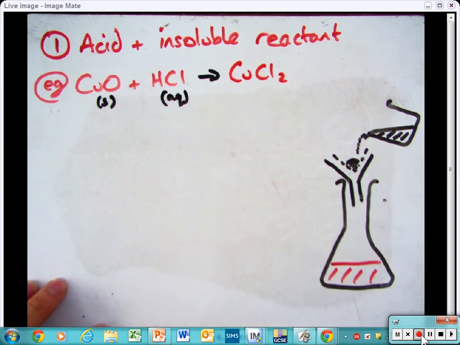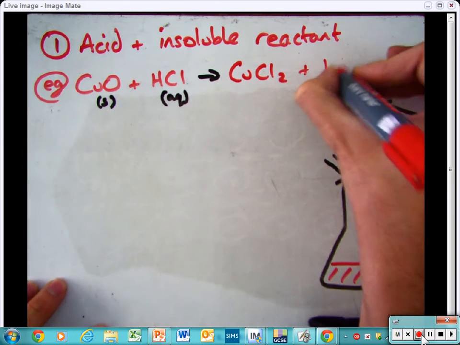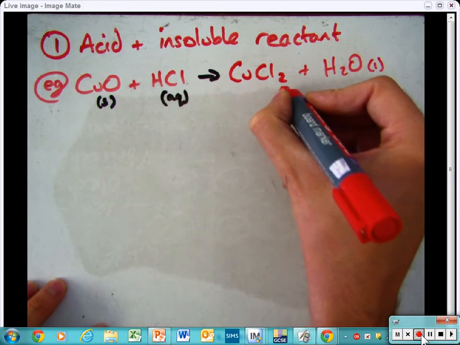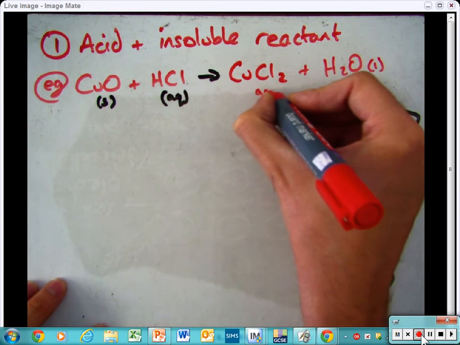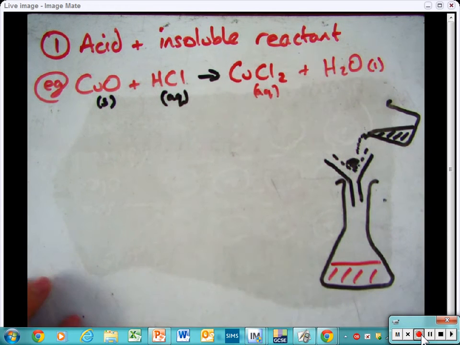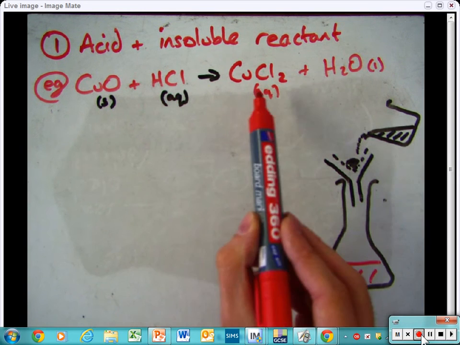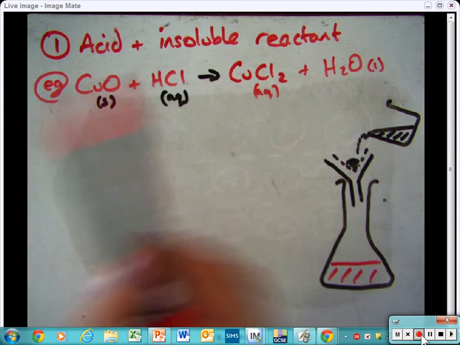And you'll also get water given off. Now this is soluble, thus the title, preparing a soluble solid. So I've taken an insoluble one, reacted it with an acid, and it's prepared a soluble solid for me.